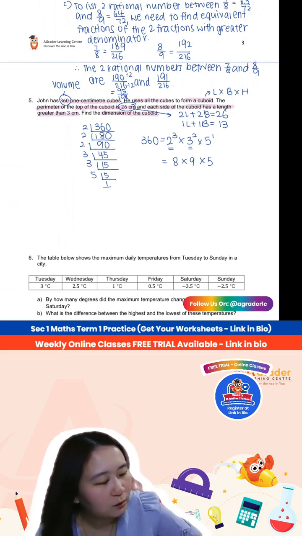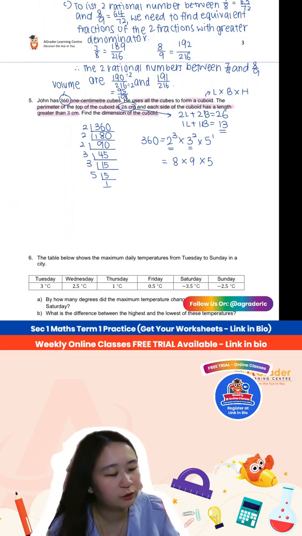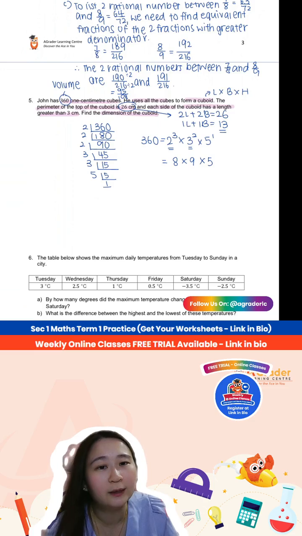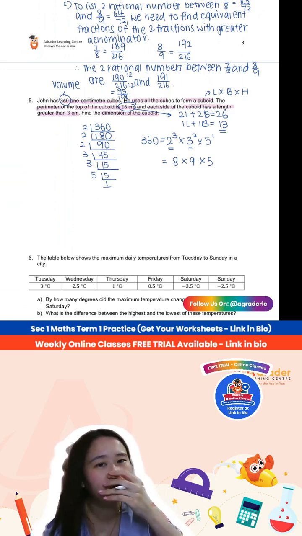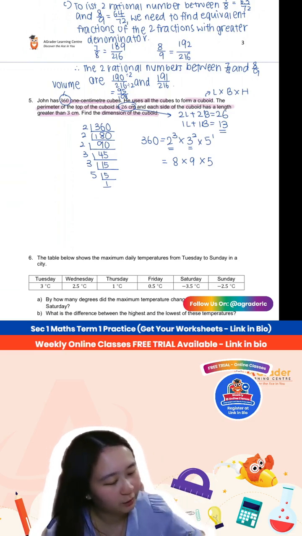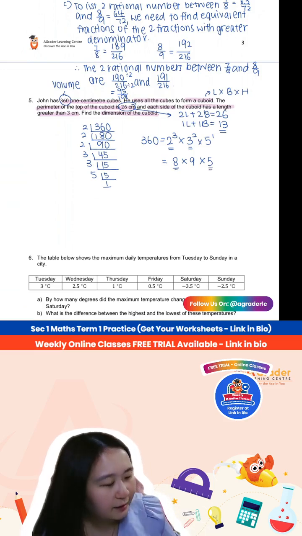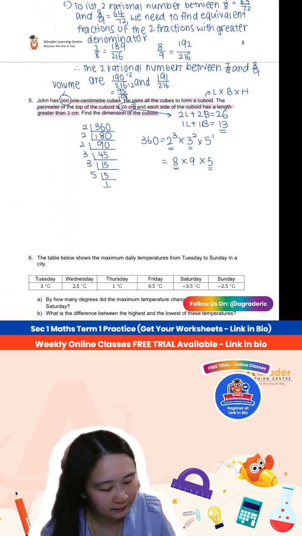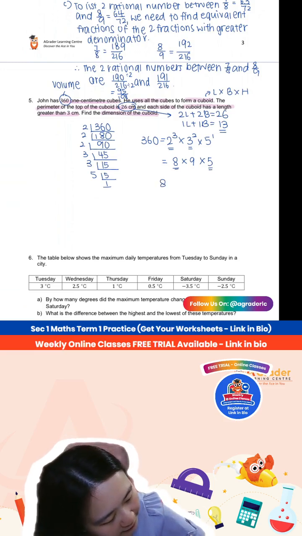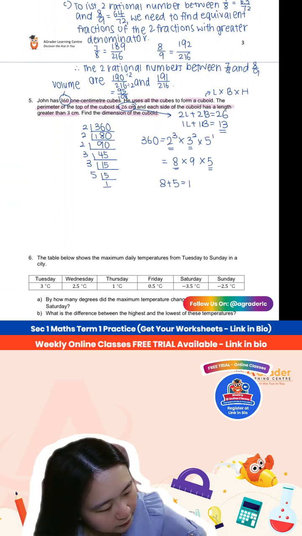So what we want to do here is try to see which two numbers can add up to 13, and that will be the length and breadth of the top of the cuboid. So you can see here, 8 and 5 will give us 13. So we try this. 8 plus 5 equals 13.